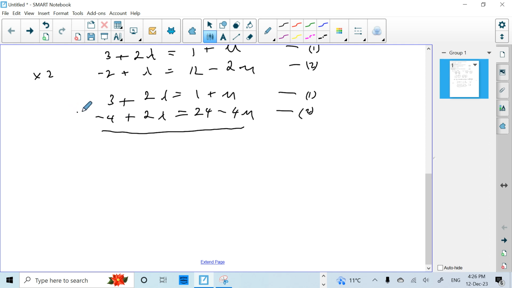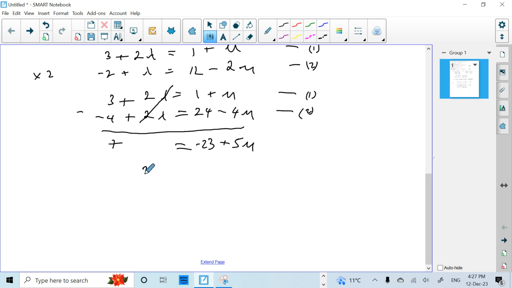The 2 lambda minus 2 lambda, the lambdas have gone, is equal to 1 minus 24, which is minus 23, and mu minus minus 4 mu is plus 5 mu. Well, that's nice.